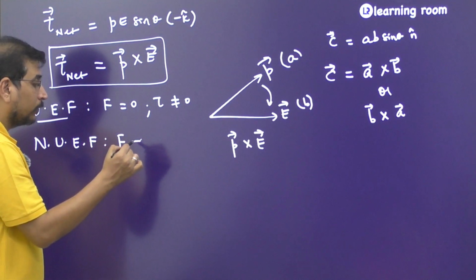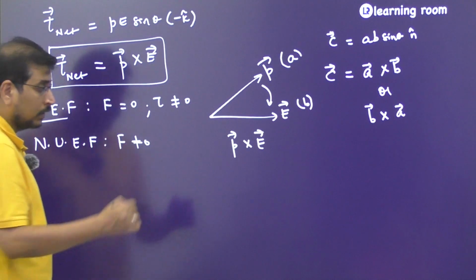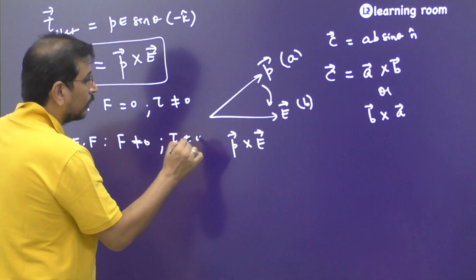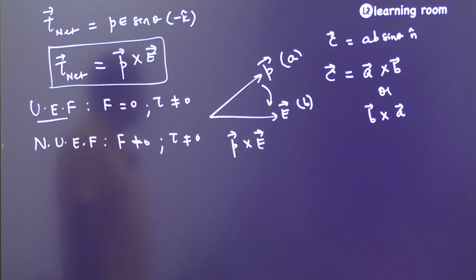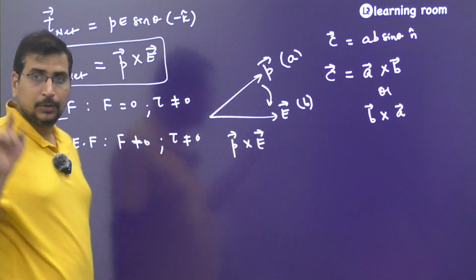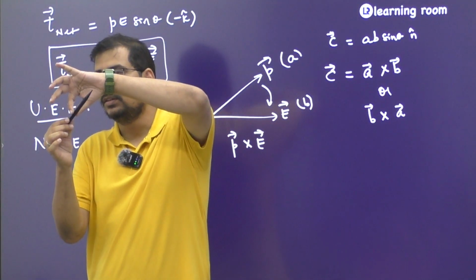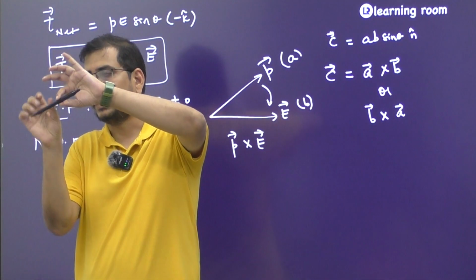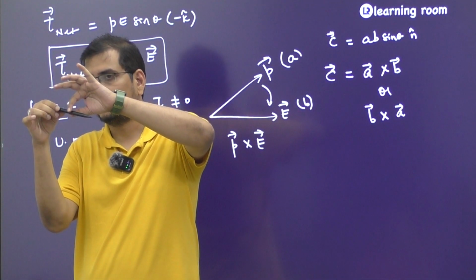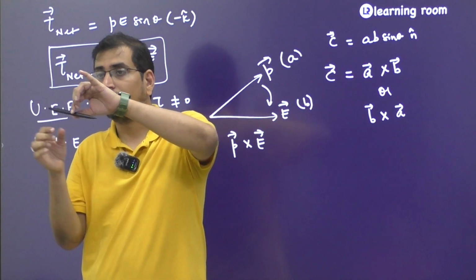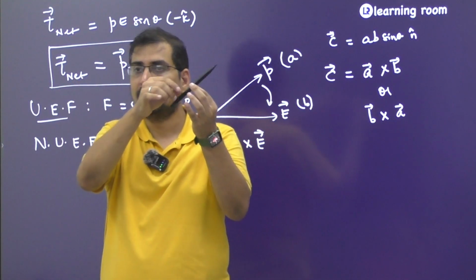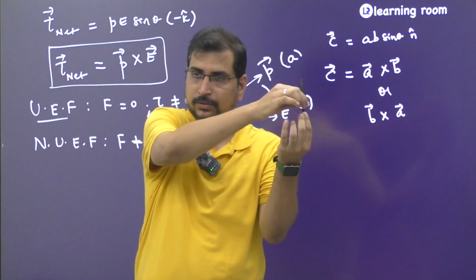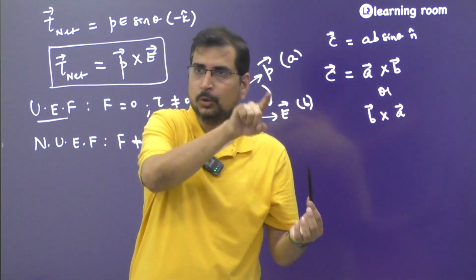Force also would not be equal to 0, and torque is also not equal to 0. Meaning, in the first scenario that we discussed, the dipole will rotate about a fixed axis. Whereas in the non-uniform electric field, it will rotate as well as translate. It will keep going like this.